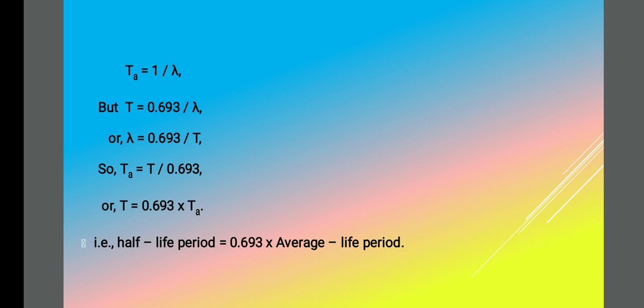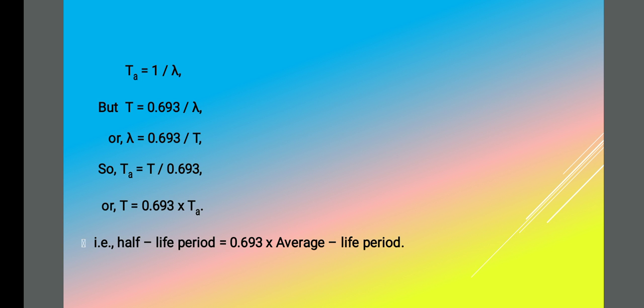Or we can write T is equal to 0.693 into Ta. Or simply, half-life period will be equal to 0.693 into average life period.